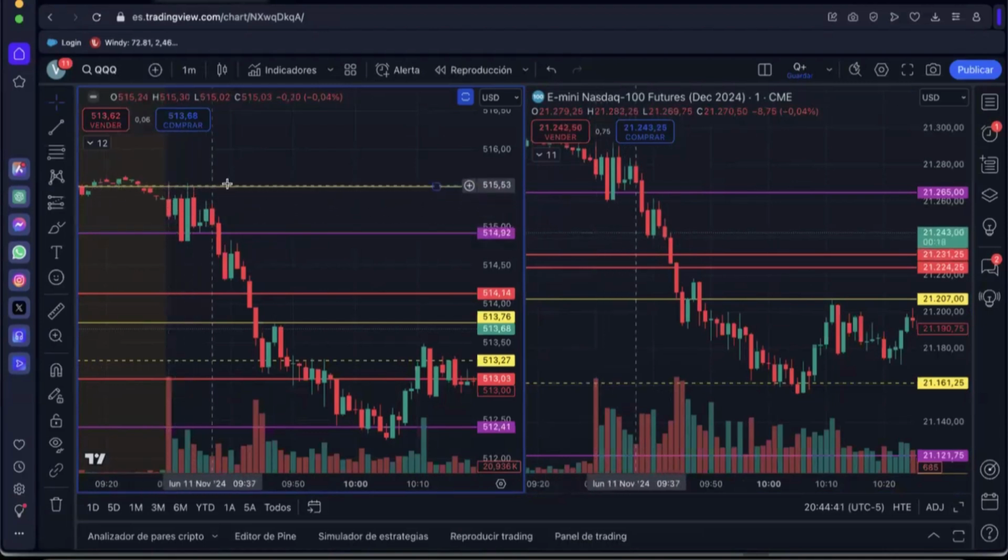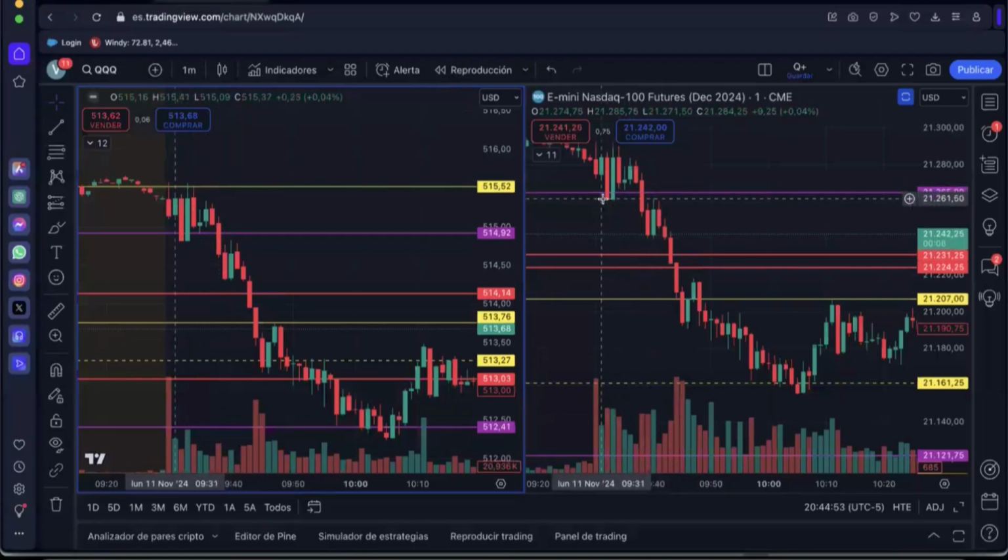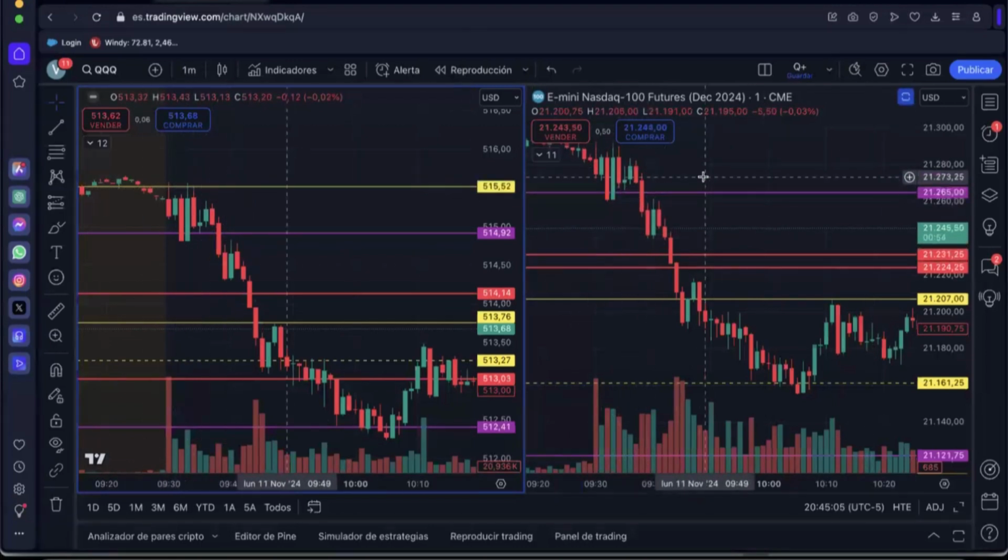So we open right below my 4 hour level here, as you can see for QQQ. And for NQ, you can see we open here in this candle, above daily level here. So we open below 4-hour and we open above daily level on NQ.